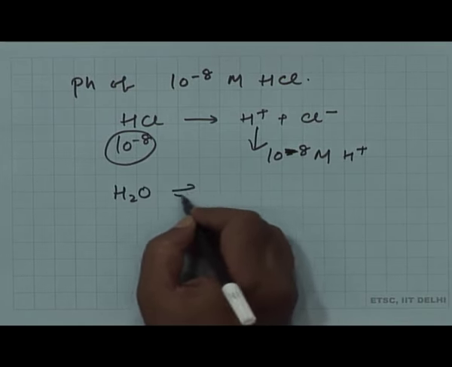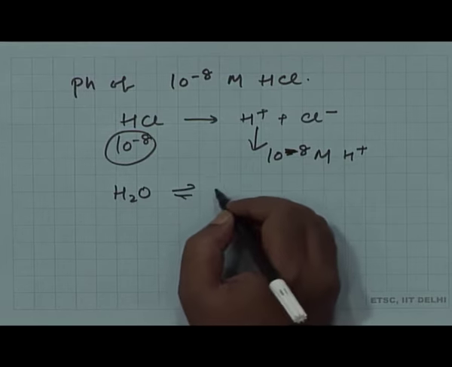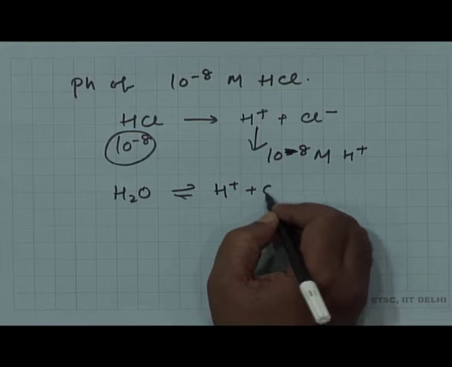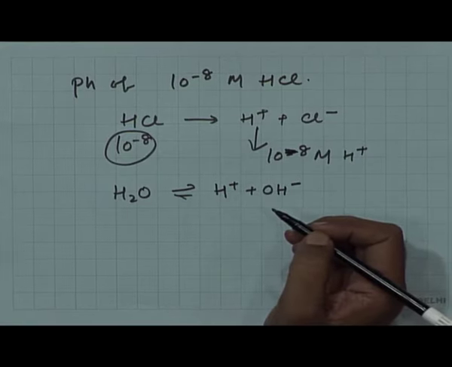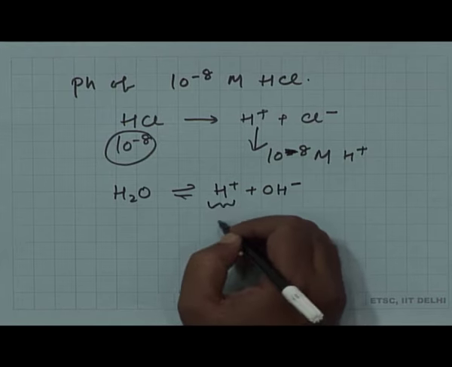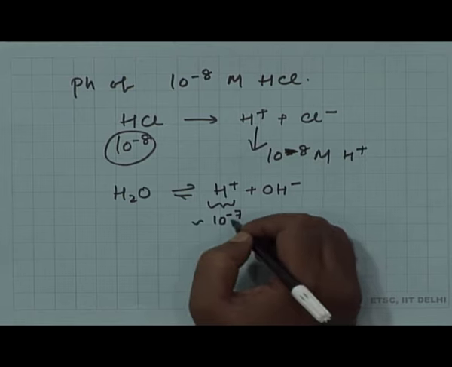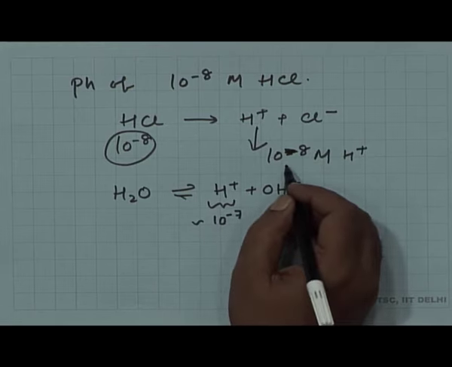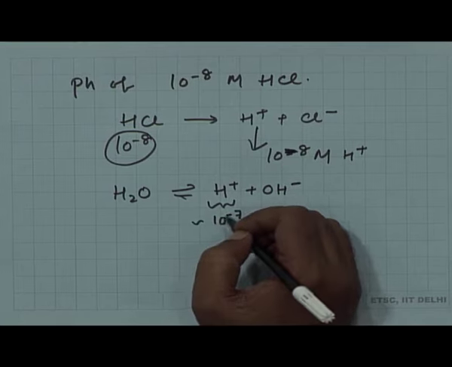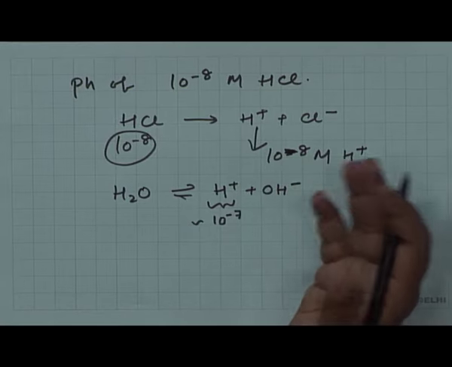However, here we cannot neglect the dissociation of H2O. Since H plus from H2O, which is almost 10 to the power minus 7, can no longer be neglected compared to 10 to the power minus 8 molar, because 10 to the power minus 7 is greater than 10 to the power minus 8 molar.